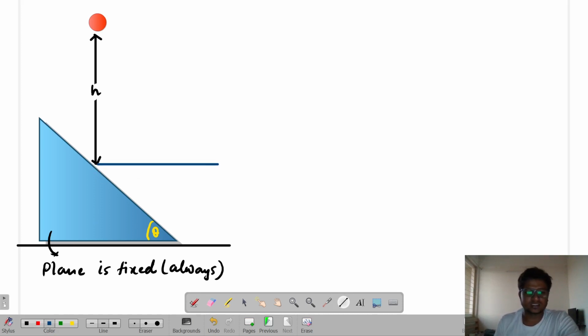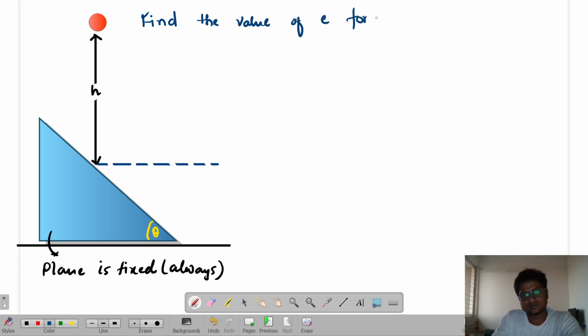Find the condition of E. What you have to do? Find the condition of E. I'm writing the question: find the value of E for which the ball after collision becomes horizontal.